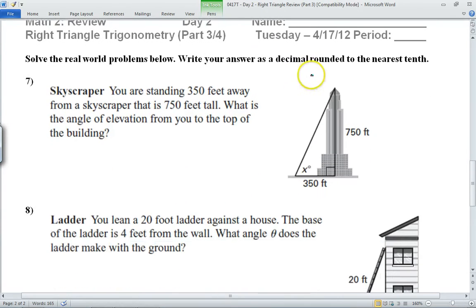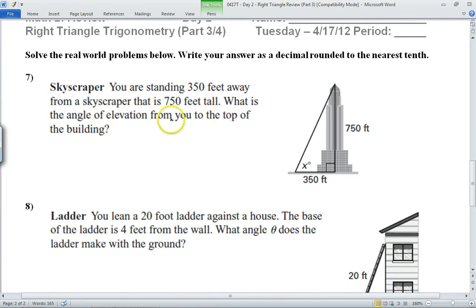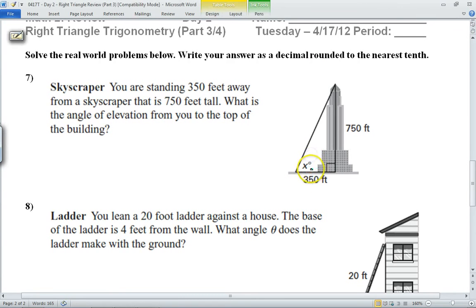Alright, for now let's go on to number 7. What is the angle of elevation? Well, it's shown to be right here, x. So we're basically solving for x right now. 750, that's opposite. 350, that's adjacent. Sounds like the tangent function to me. Tangent of x is equal to opposite over adjacent.